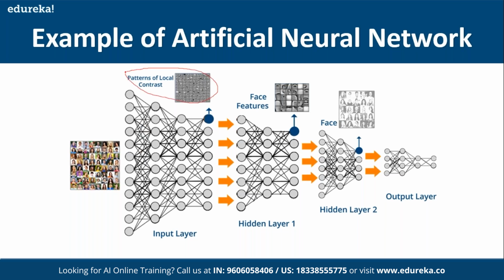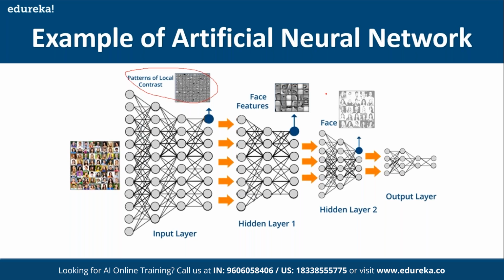Because in a group photo there can be multiple other objects. There can be people, there can be benches, there can be sky. It could be outdoor, it could be indoor. So you first concentrate on the faces, which are patterns of local contrast.